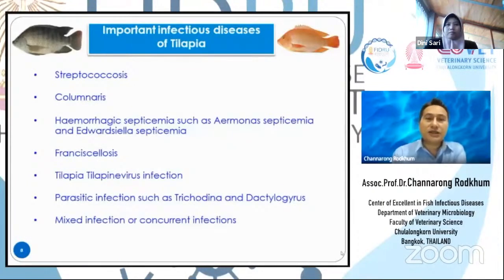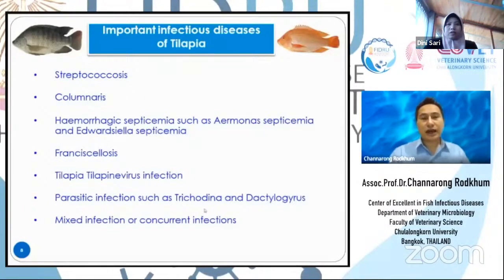The important infectious diseases of tilapia include streptococcosis, columnaris, and hemorrhagic septicemia such as Aeromonas septicemia and Edwardsiella septicemia, francisellosis, tilapia lake virus infection, or TiLV, and parasitic infections such as Trichodina and Gyrodactylus.